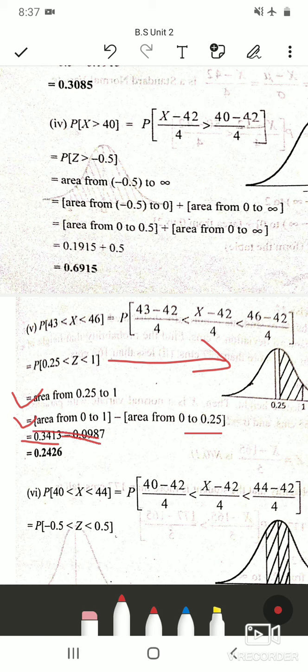So we got the values. When you subtract, it will be 0.2426. So this is the probability that x lies between 43 and 46.